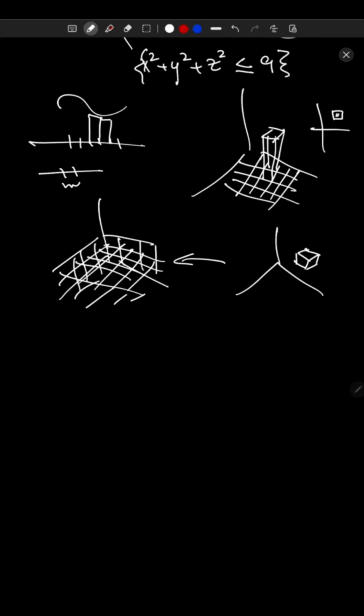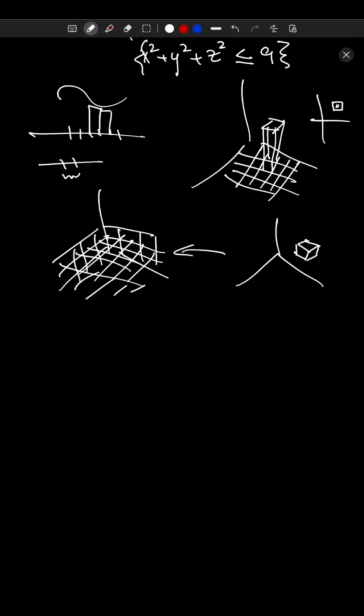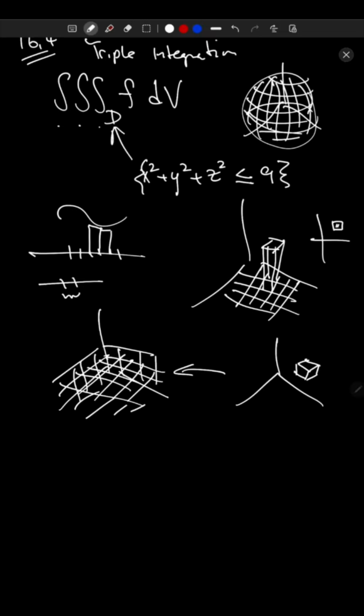We're not going to be saying stuff like in the previous section, volume under the graph of f, because this would be now four-dimensional volume as opposed to what we normally think of as volume. So a good way to think of these is perhaps in terms of mass. We have a solid object like this sphere here, and we want to know the mass of this sphere where it has a certain mass distribution.